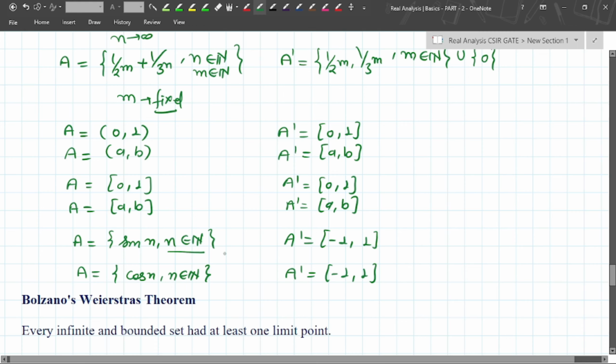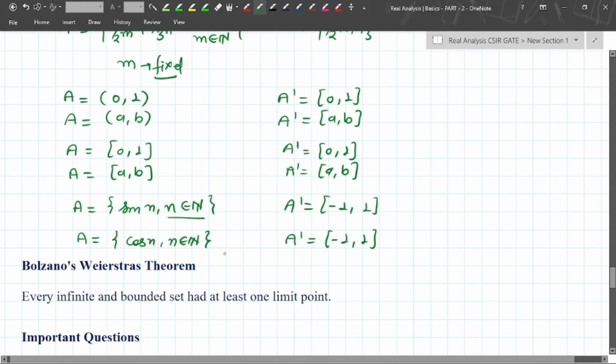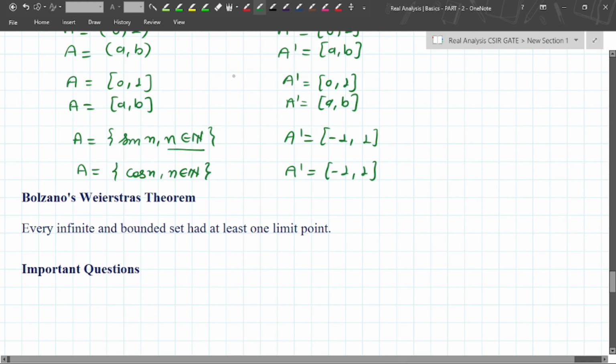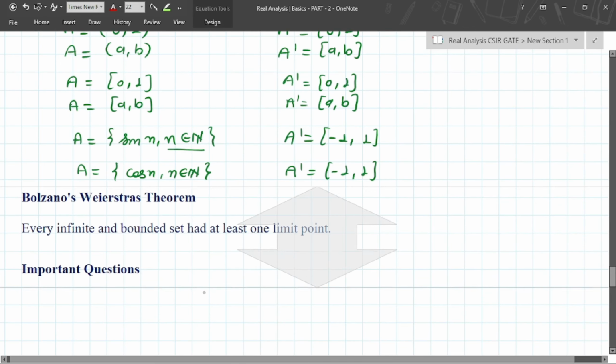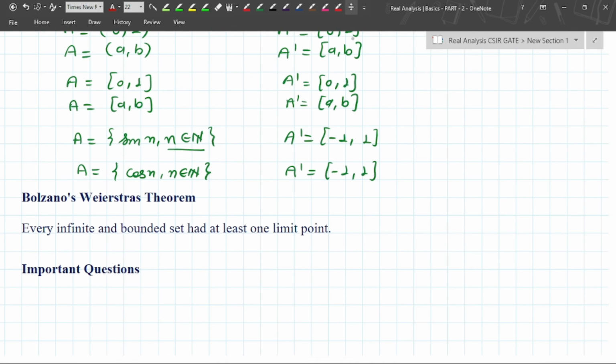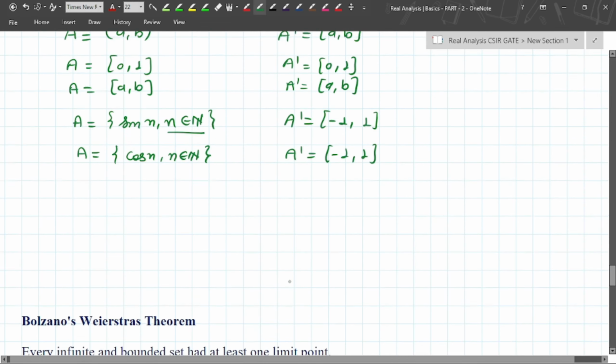Now we'll go to the next thing. I want to write some notes here, then I will go for the Bolzano-Weierstrass theorem, which is one of the important theorems.